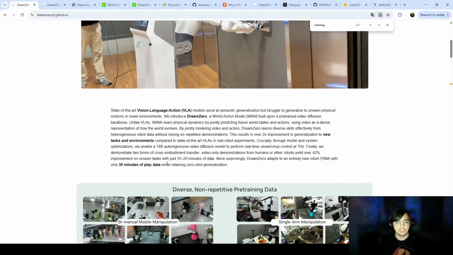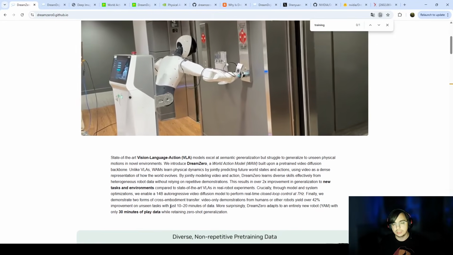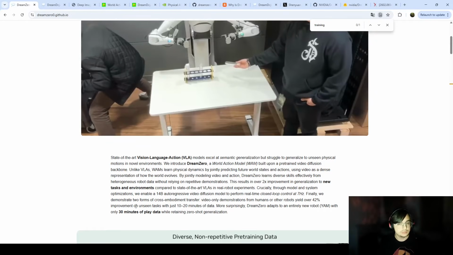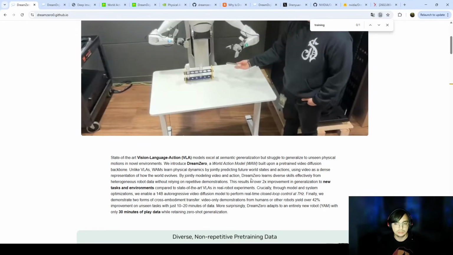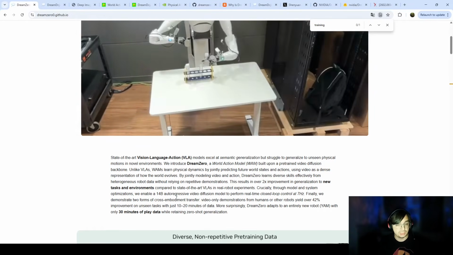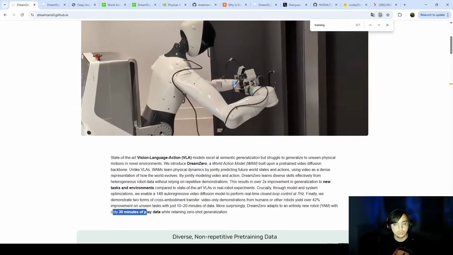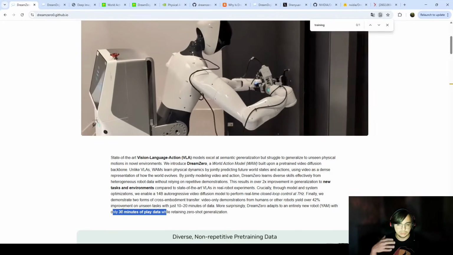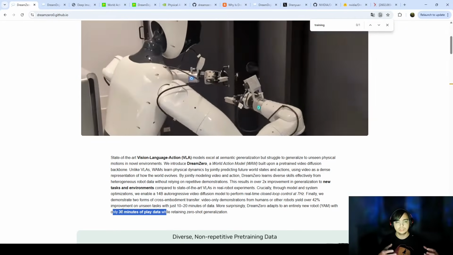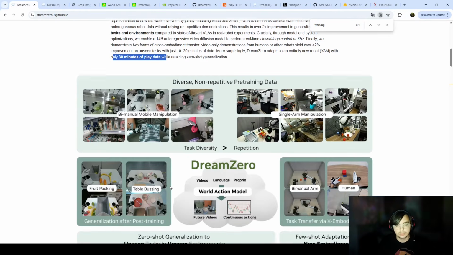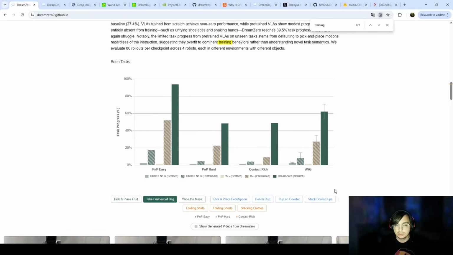What they state is that their architecture improves the accuracy of classical vision language action models almost 2 times with just 10 to 20 minutes of human demonstrations of such tasks, or 30 minutes of actions from different robots. You can fine-tune your models, and they state that it's working quite nicely. Here they're showing a lot of graphs with this accuracy.